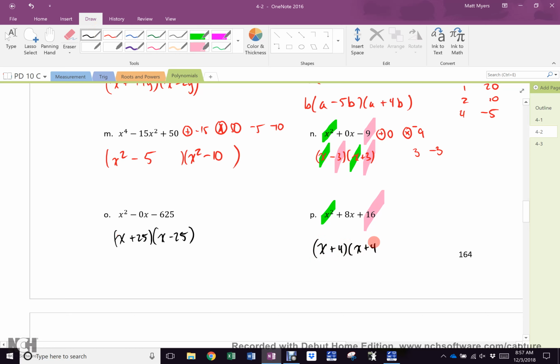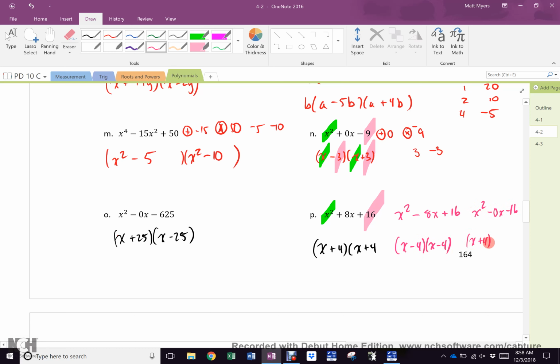X plus 4. What if it was x squared minus 8x plus 16? Then what would it be? X minus 4. X minus 4. What would it be if it was x squared minus 0x minus 16?